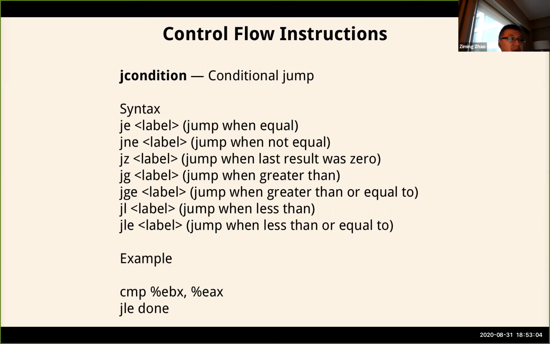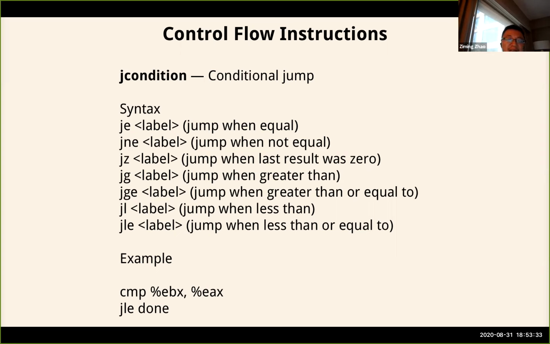The status could include information about the previous arithmetic operations performed. For example, one bit of the word indicates whether the last result was zero, like the zero bit. It can also indicate if the last result was negative, if it's a subtraction there. Based on those conditions, a number of conditional jumps can be performed.